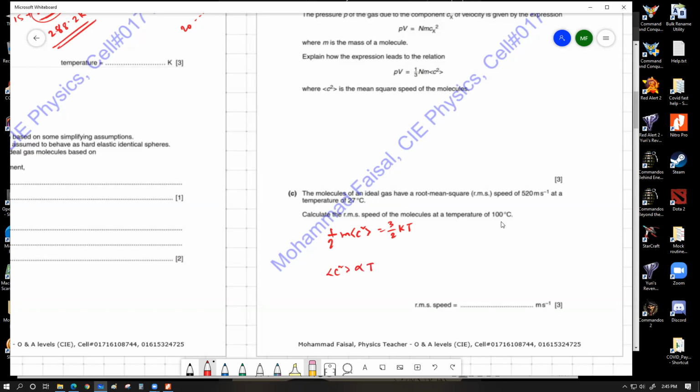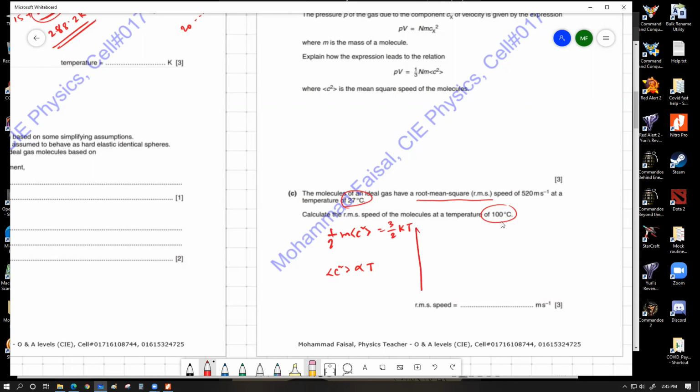So the 2 places where students make mistakes: sometimes, not always, they do not convert the degree Celsius into Kelvin, and the answer will mismatch. And also sometimes they forget to do the square. Have a look. This is root mean square, but this is a square over here.